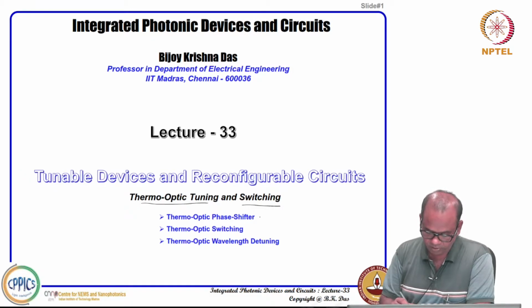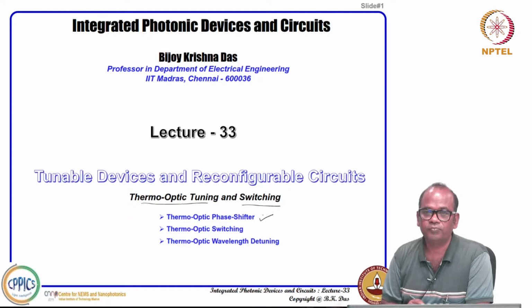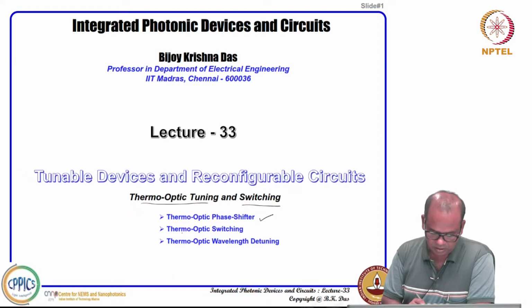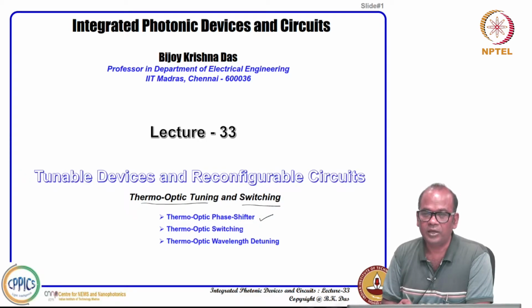First of all, I will discuss Thermo-Optic phase shifters: how to design a Thermo-Optic phase shifter, what the figures of merit are, and how to optimize design parameters. Then I will discuss how, using Thermo-Optic phase shifters, one can design an optical switch on chip, or integrated optical switching devices.